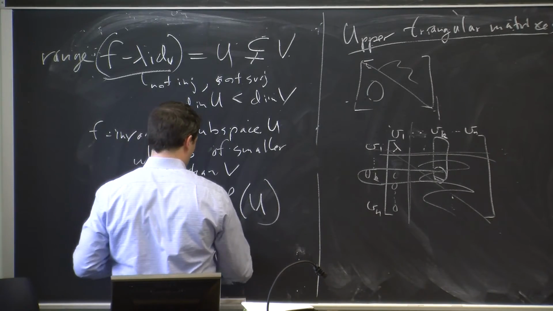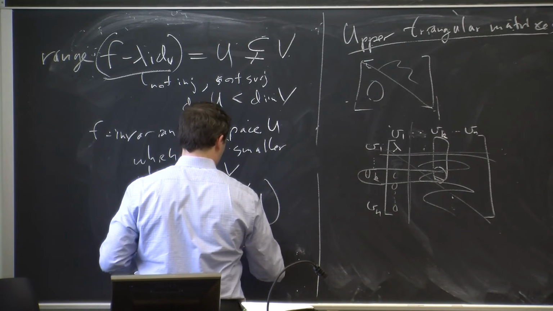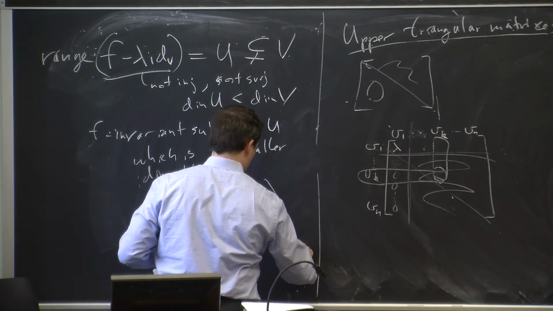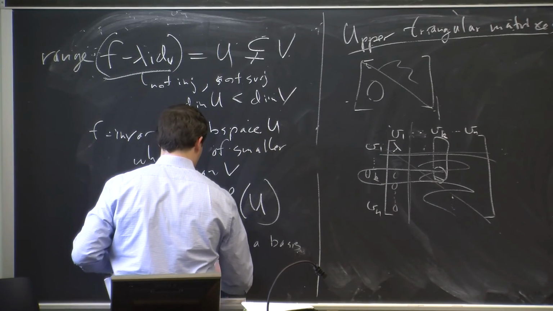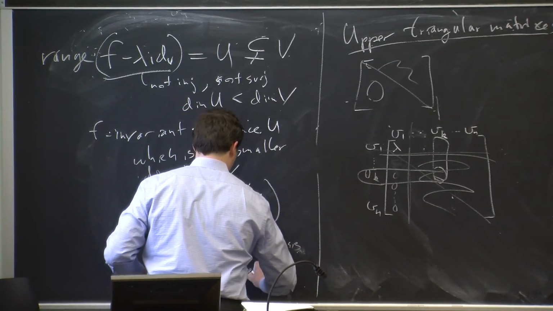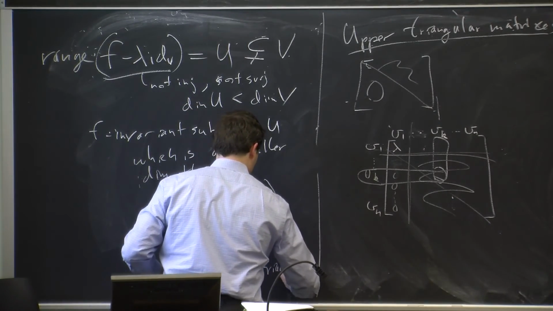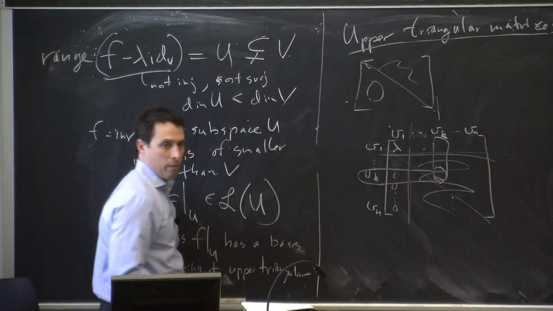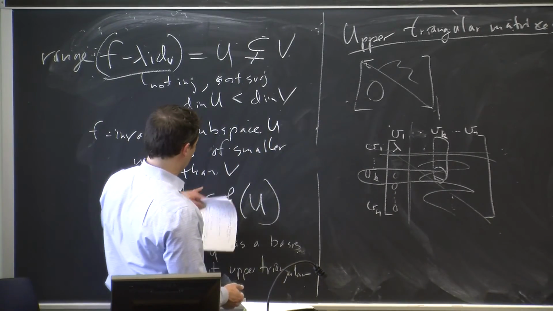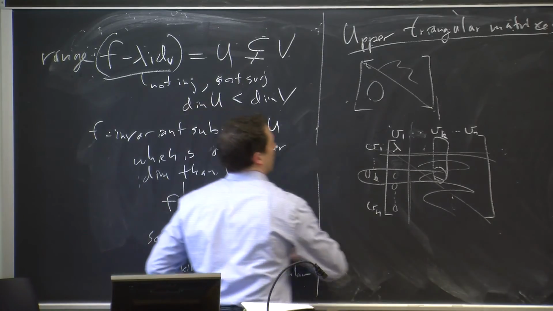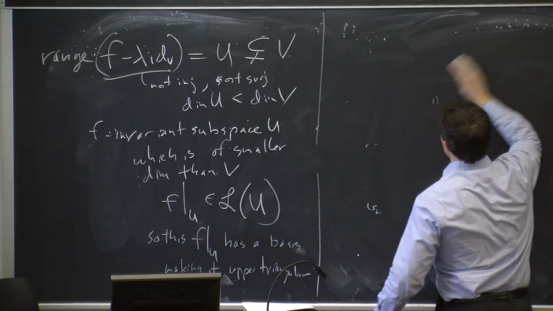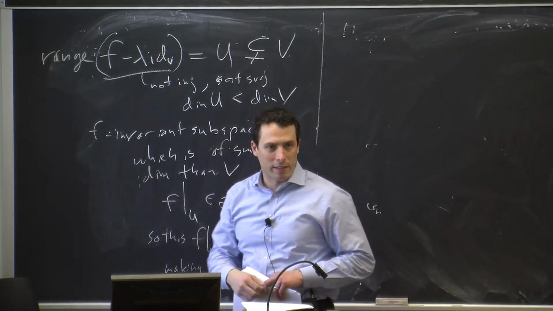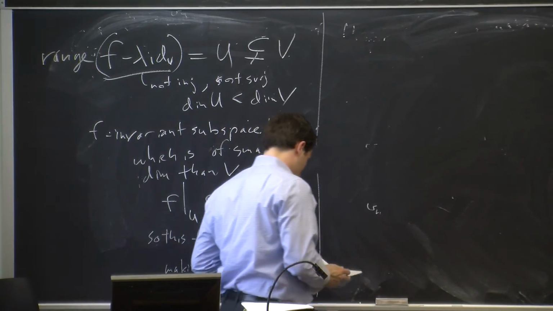This F restricted to U has a basis making it upper triangular. And then we just need to show that we can extend that basis to the rest of this space.